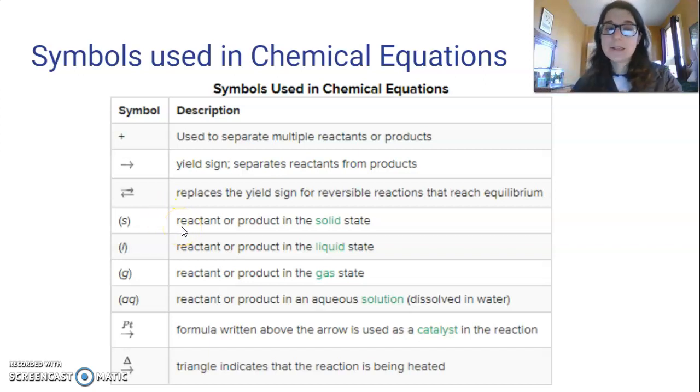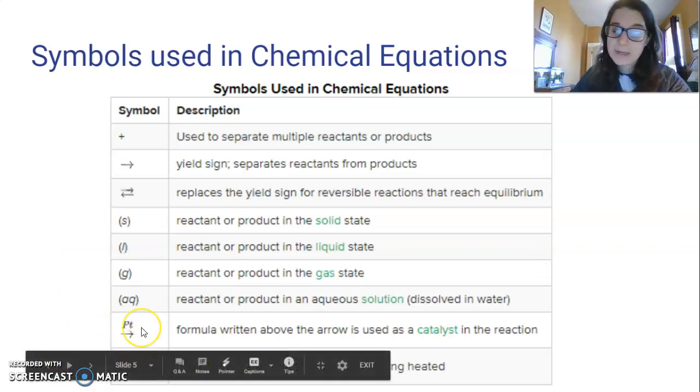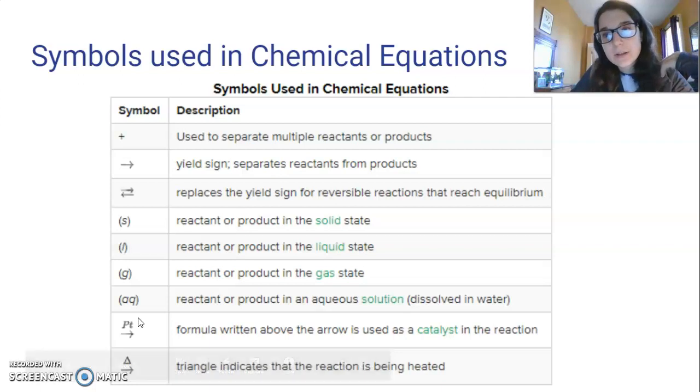So that's what the double arrow means, just means that the reaction goes both ways. S shows a solid, L shows a liquid, G shows a gas, and AQ shows an aqueous solution, which means it's dissolved in water. Sometimes you'll see some sort of formula. This one shows platinum, Pt, which is basically saying that you have to add a catalyst to the reaction. And a catalyst basically just makes a reaction more likely to occur, helps the reaction move along.